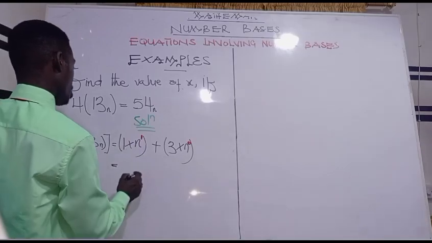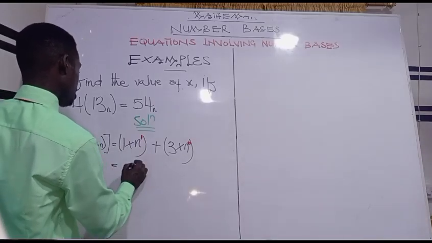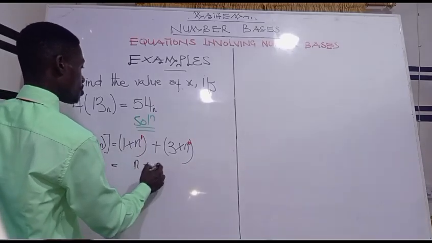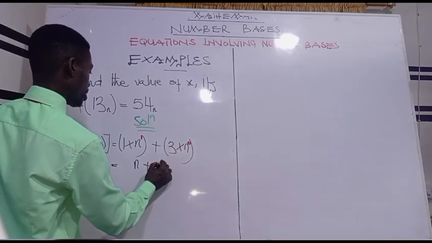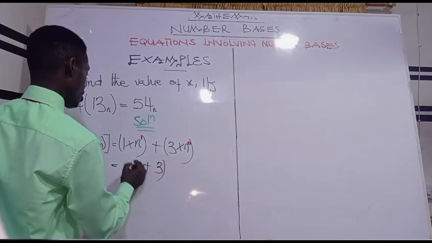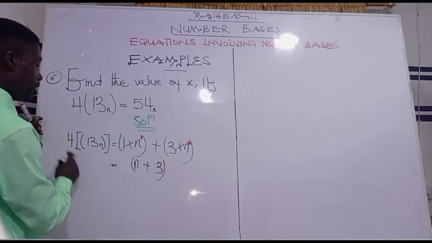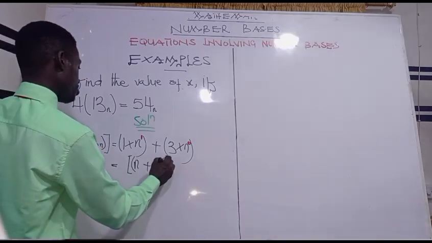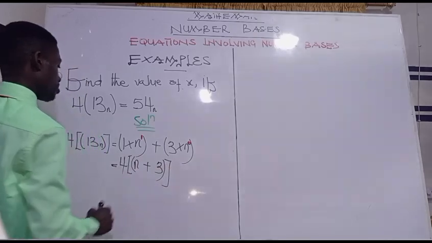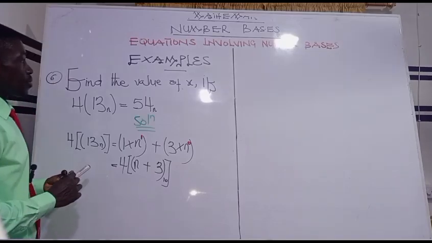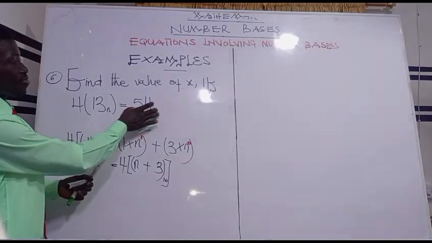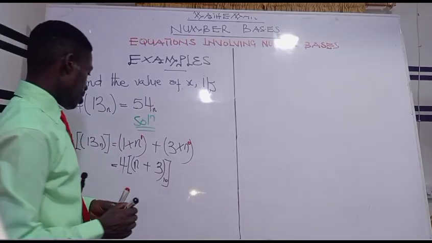So we have 1 times n, which will give us n, plus 3 times n raised to the power 0, which is 3. Good. But remember, we have 4 here. So let's bring that one also to multiply by 4 to the base of 10. Now what we are going to do is to also convert this to a base 10 numeral.